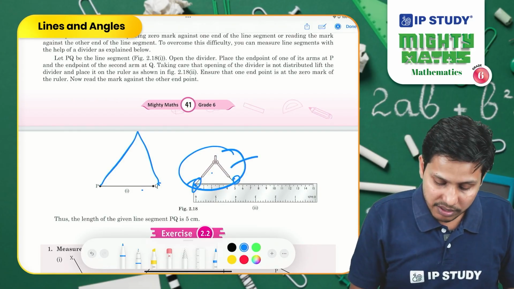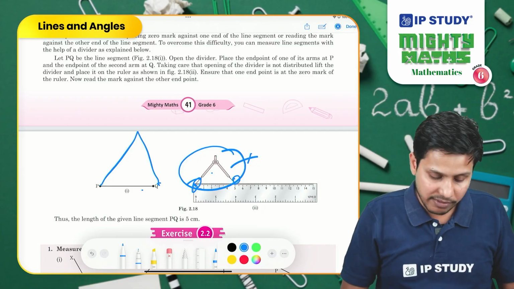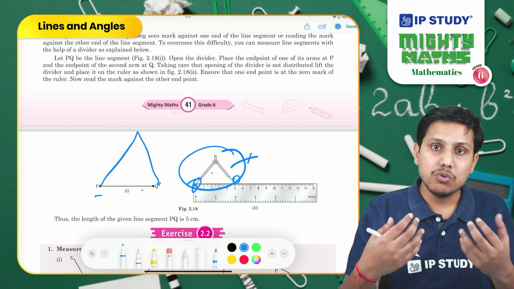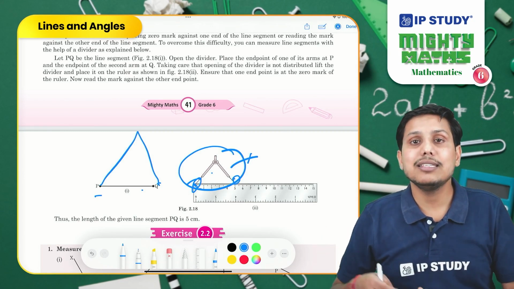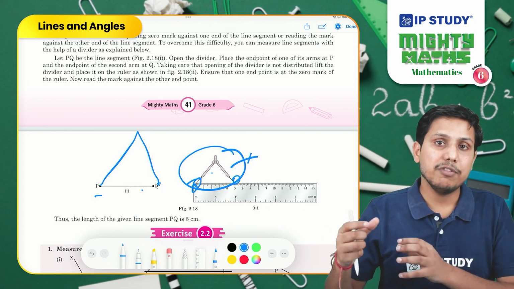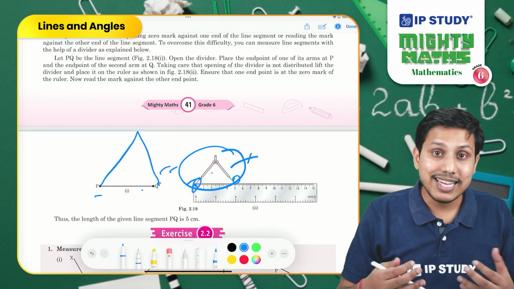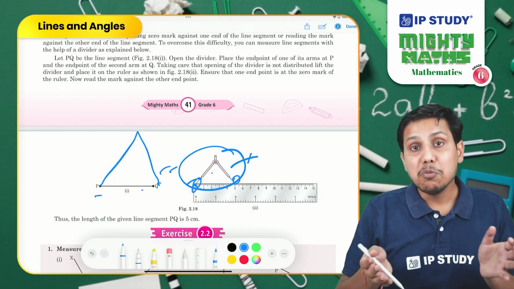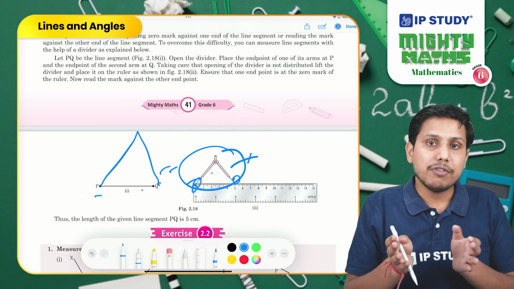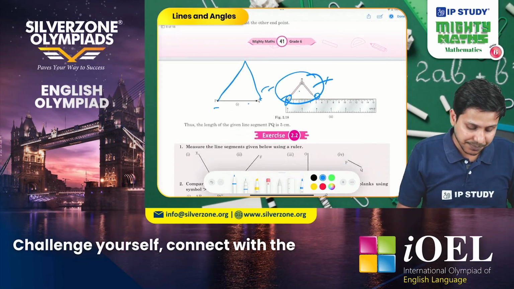It will give us the value of the line segment, like PQ, and then we can do the same step with the second line segment, observe the values and compare the two line segments. It will make the task easier. By combining a divider and a ruler, it is easier to find out which length is bigger and which is smaller.